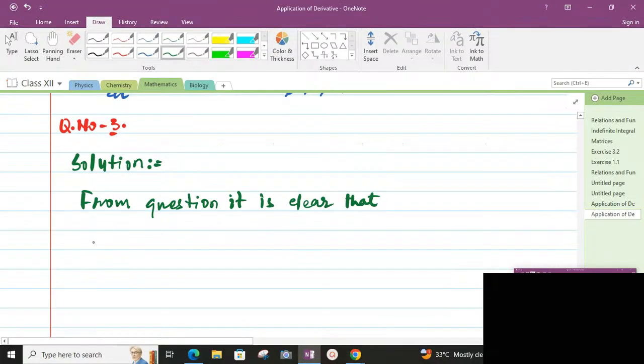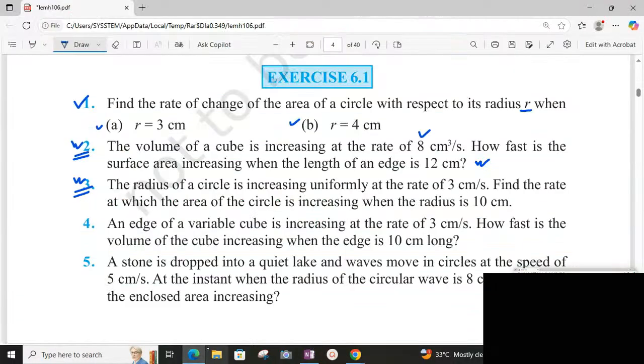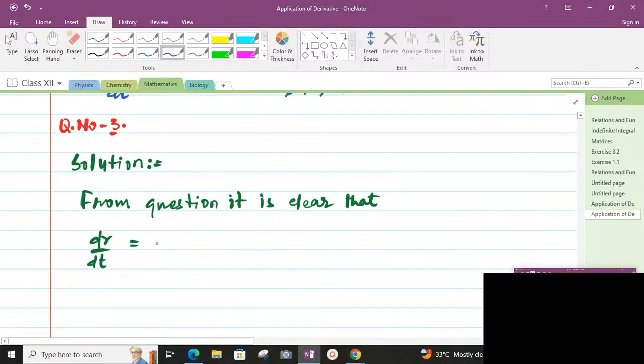So dr/dt equals 3 centimeter per second, r equals 10 centimeter, and it asks us dA/dt equals what.